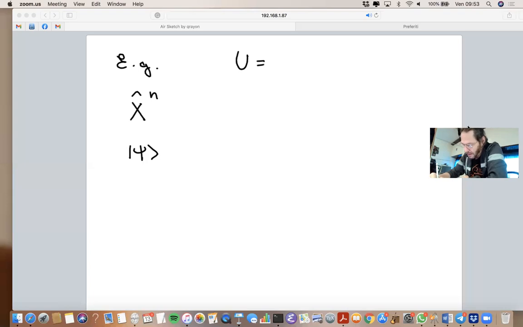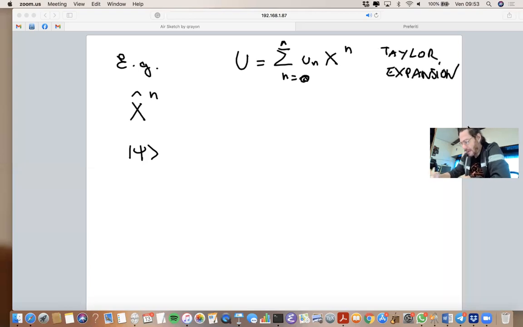What I'm saying is that any potential energy can be written as a sum with coefficients. This is the Taylor series expansion. I'm assuming you are familiar with the Taylor expansion. If you're not, we need an extra lecture on the Taylor expansion. I hope you have seen that already in the past.